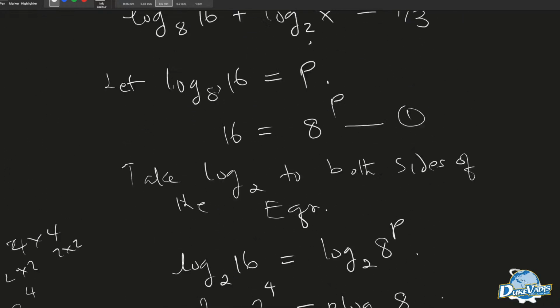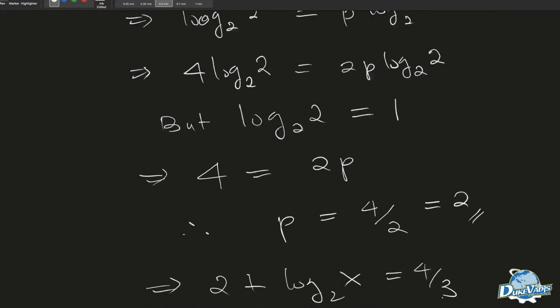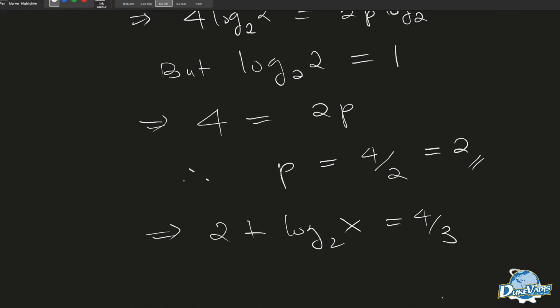Friends, have you seen it? So how do we solve it? It's now easy. Subtracting from both sides, we are going to get log 2x equal to 4 over 3 minus 2.